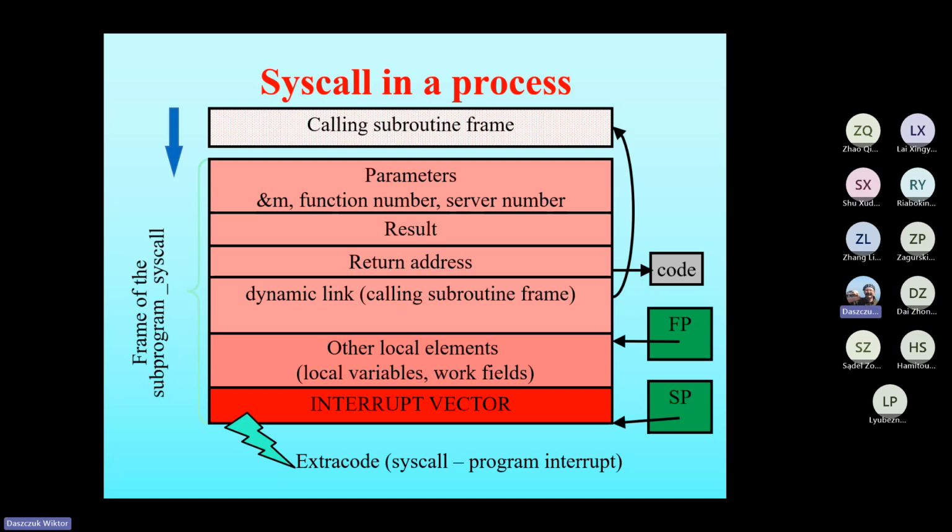It is created by some macro, which passes as parameters a number of syscall in the system, because they have a table of codes, and a server number. Because the structure of a microkernel is that typically it accepts a syscall and directs it to some part dealing with some set of issues. For example, memory management, file management, and others.